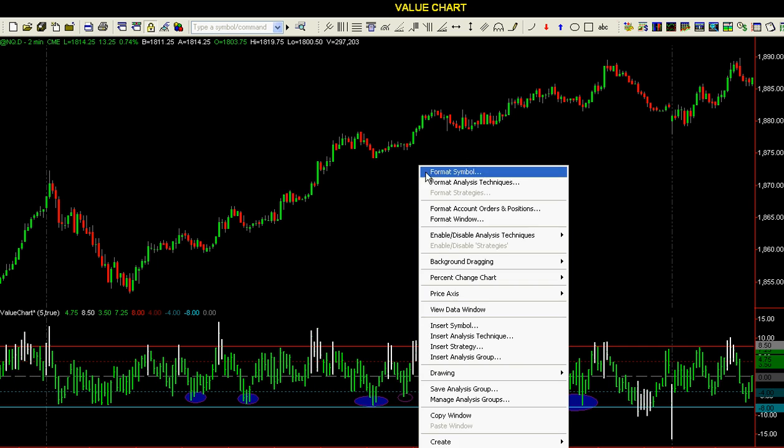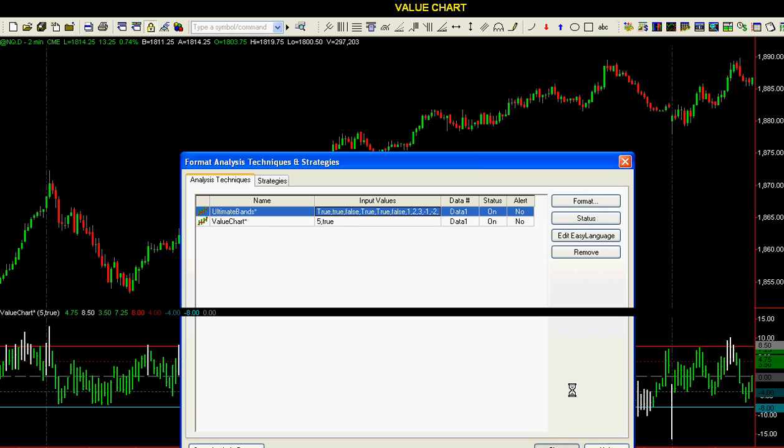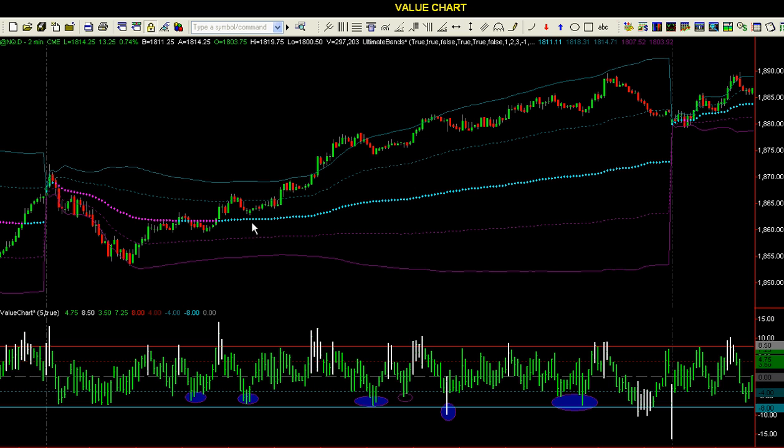Now, other indicators you can use in conjunction with the value chart to help you. If you want a quick, dirty, and inexpensive way of doing it, it would be using the ultimate bands. In the ultimate band video, this is basically a volume weighted average with the standard deviation bands.